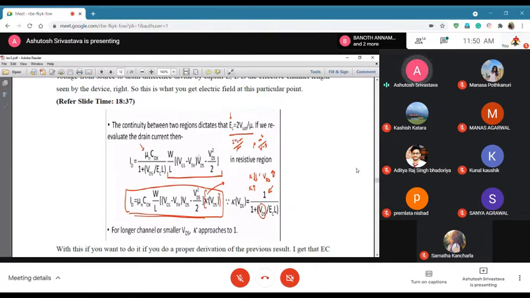that you see in the resistive region when you are replacing with the onset of the critical electric field.